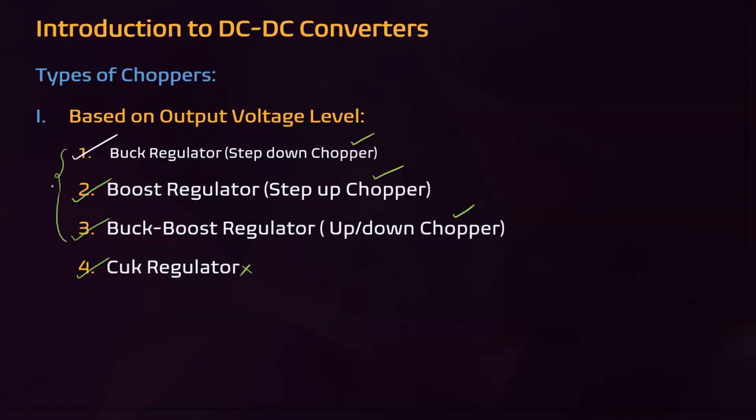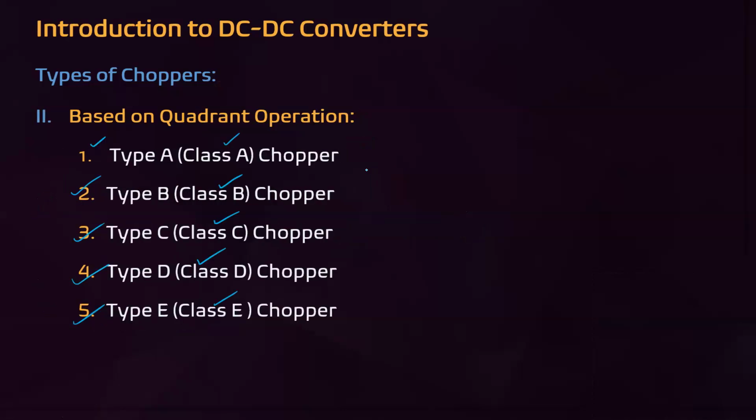But a point you have to remember, students: this topic, these three choppers, step down, step up, step up-down choppers, are important for GATE, ESE, PSUs, and state government jobs. But this topic is very important for ESE and PSUs, and less important for GATE. For all competitive exams it is important, but especially from the ESE and PSU point of view.